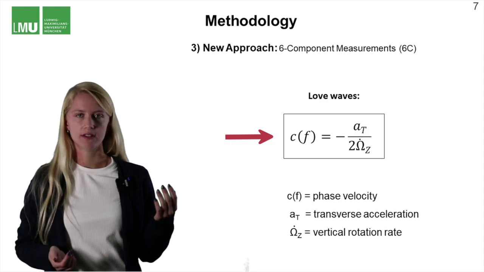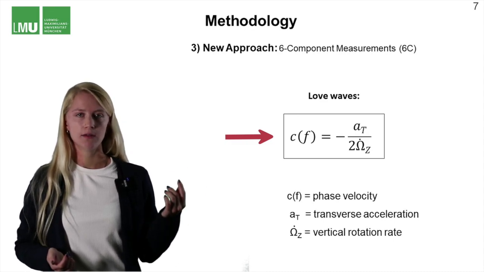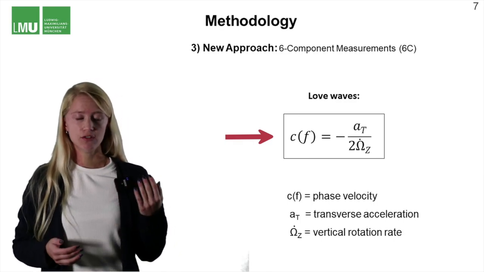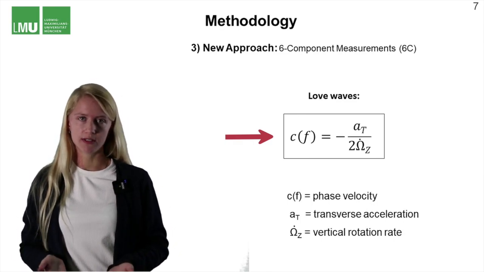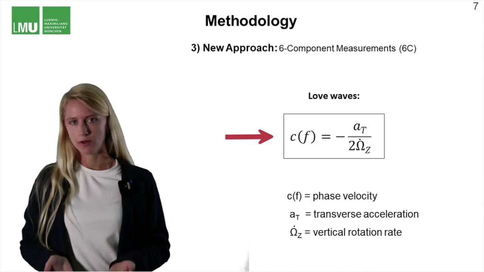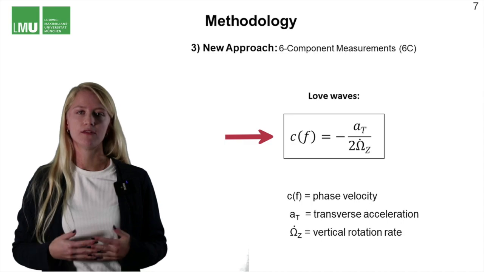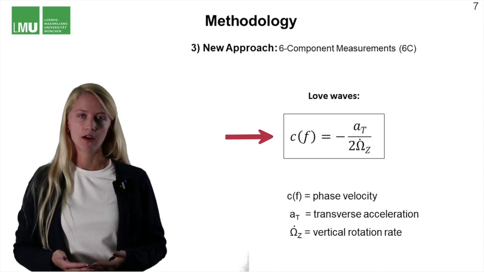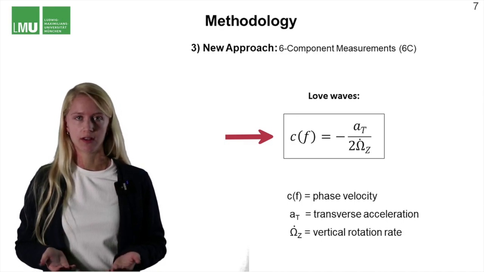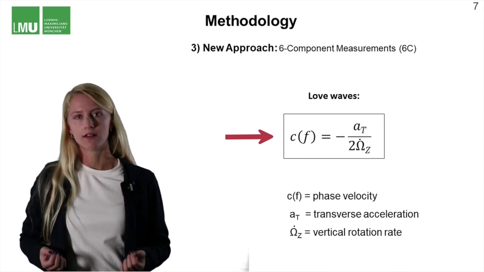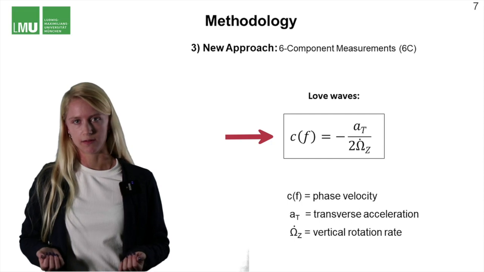In addition, you need a scaling factor of 1/2 and a minus because the motions are anticorrelated. As you can see, the phase velocity is frequency dependent because surface waves are dispersive. That means for each frequency band, the phase velocity can be computed, which results in a dispersion curve. This dispersion curve is then inverted to finally obtain the local velocity profiles.